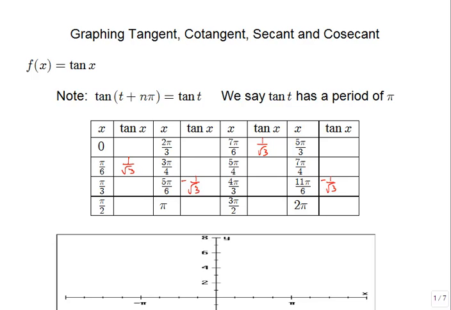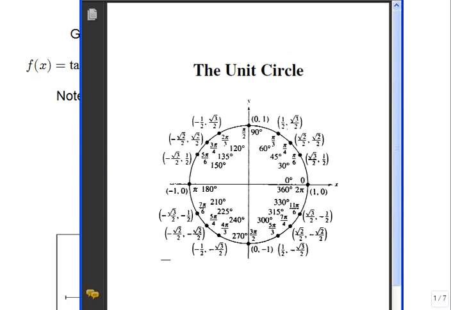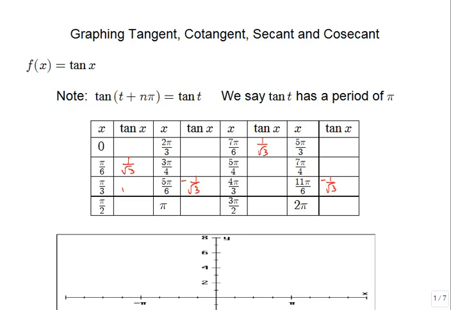Now if we look at pi over 3 angles, that's going to be a y value of root 3 over 2 divided by 1/2. The 2's would cancel again, so this time we'll get root 3 over 1. So all of our pi over 3's just become square root of 3.